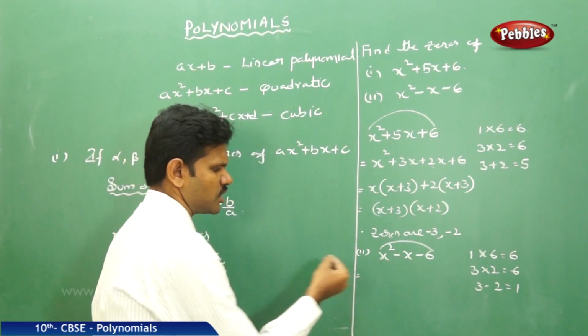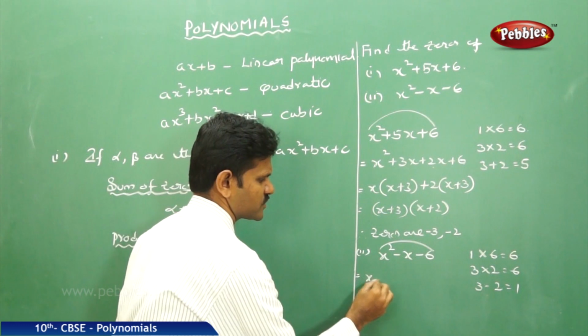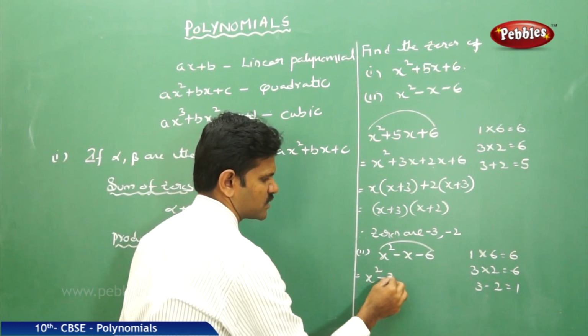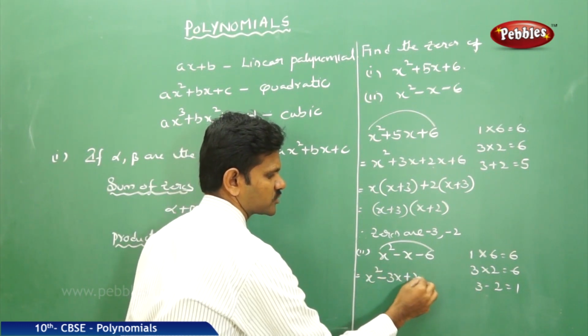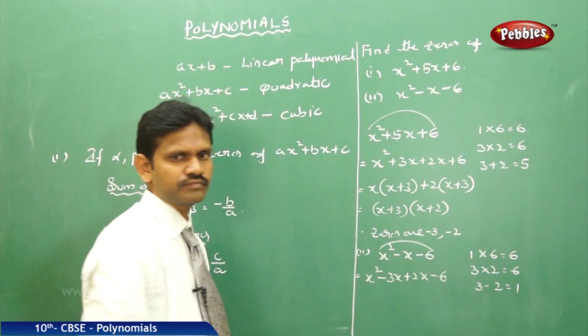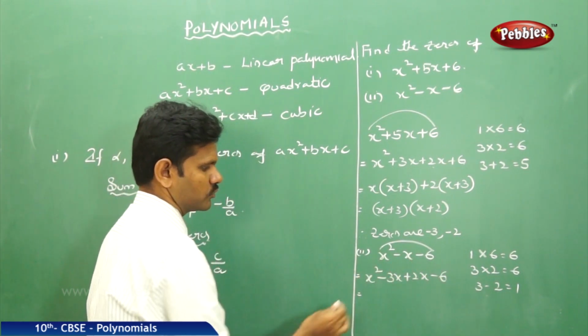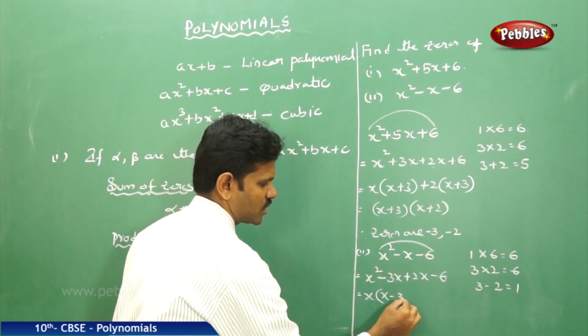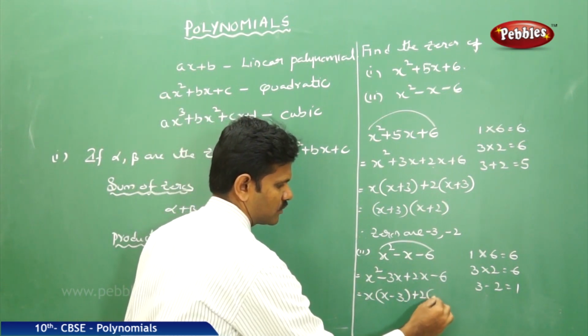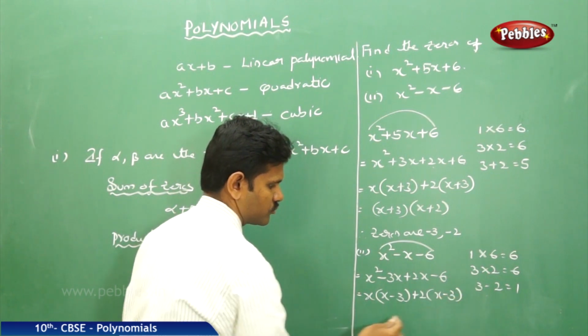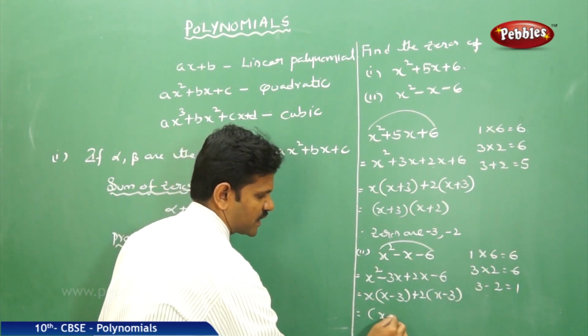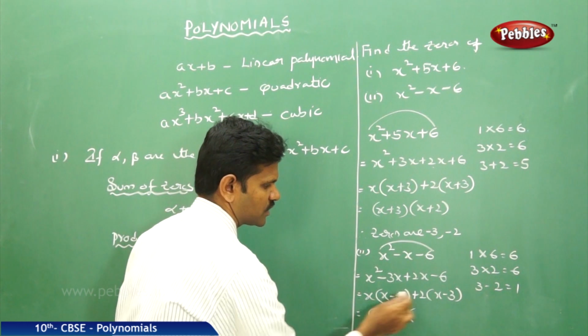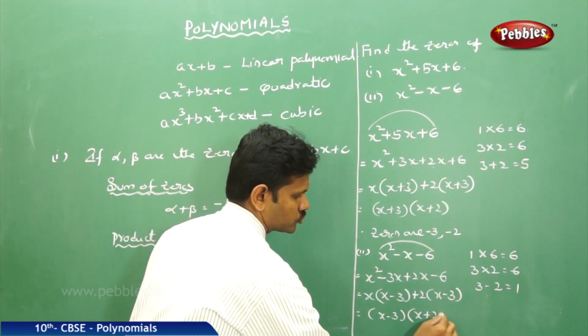Now, arrange this in order. That is x square, I will arrange this as minus 3x plus 2x minus 6. Now, from these two, take x common: x minus 3, plus take 2 common: x minus 3. Therefore, the common factor is x minus 3 and the other factor is x plus 2.